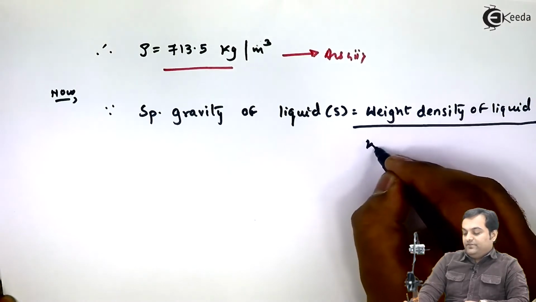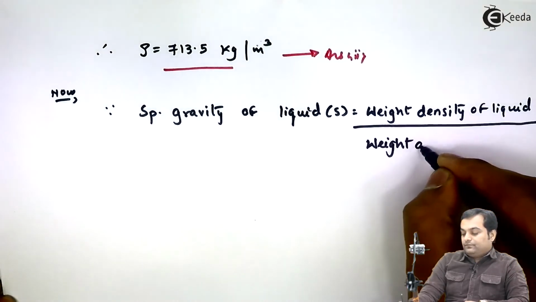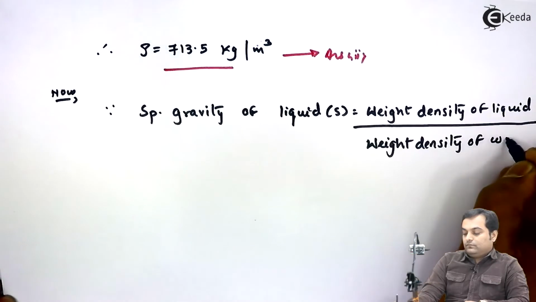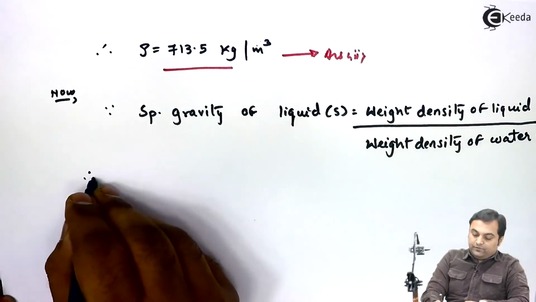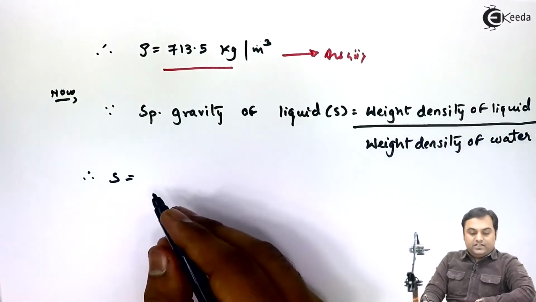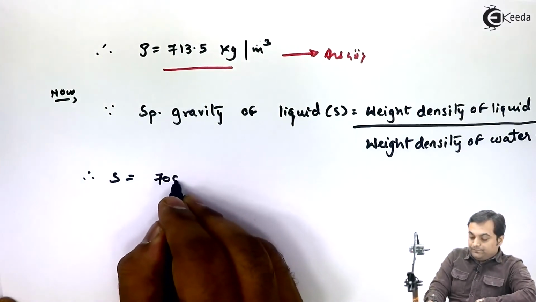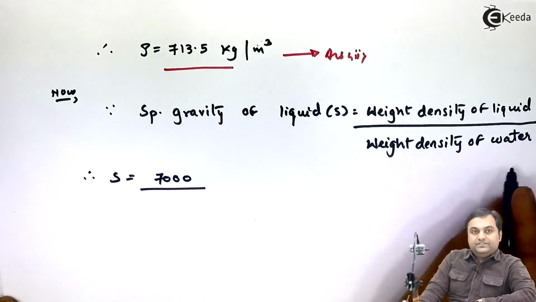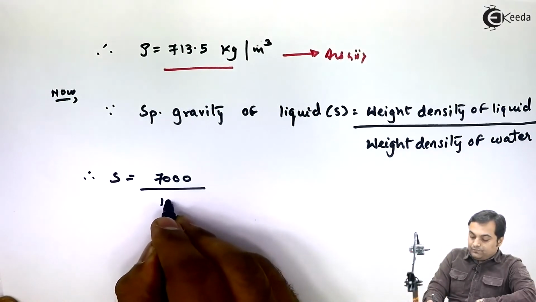So it is divided by weight density of water. Therefore specific gravity is equal to the weight density of liquid, which we have got in answer 1, that is 7000, divided by the weight density of water.